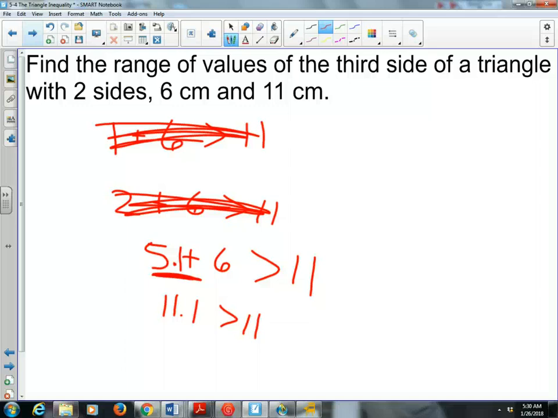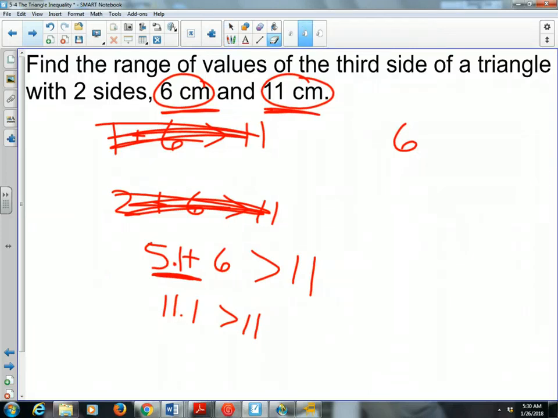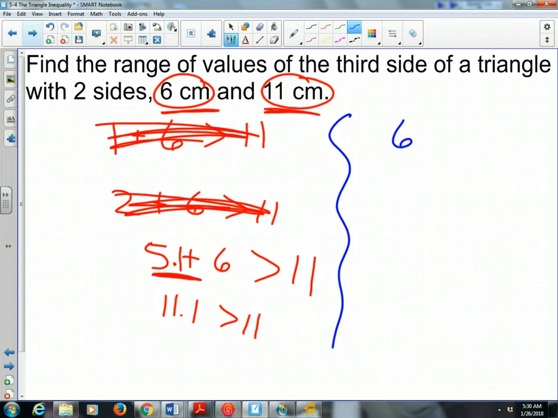bigger than 5. However, could I have a side length of 6, 11, and 85 centimeters? No, because 6 plus 11 were the two shorter sides, and that would have to be bigger than the third side.